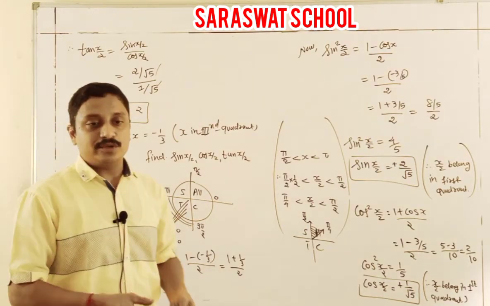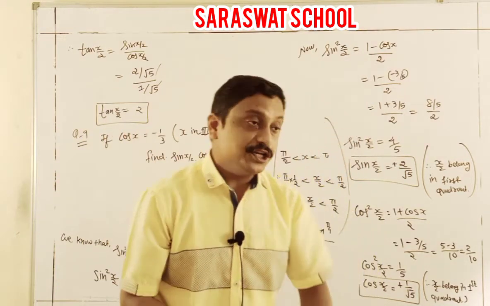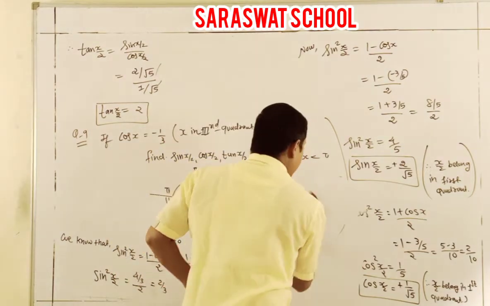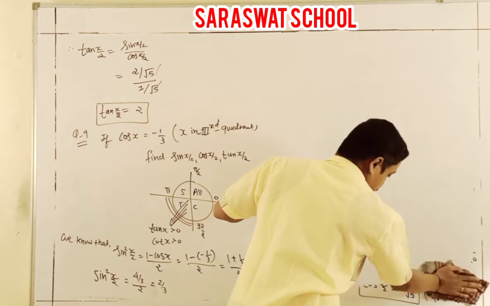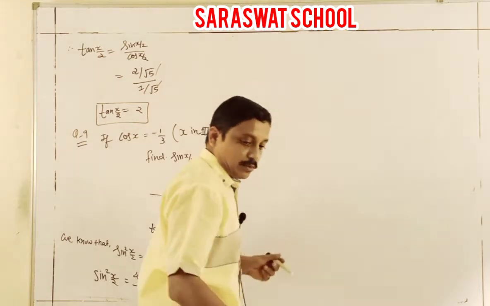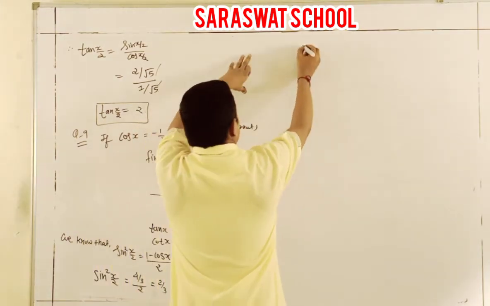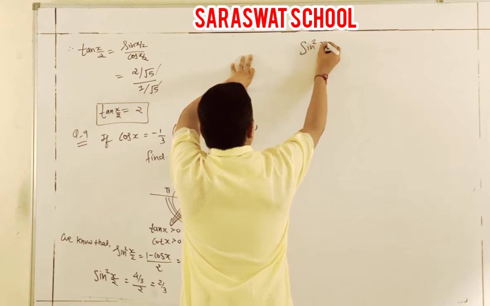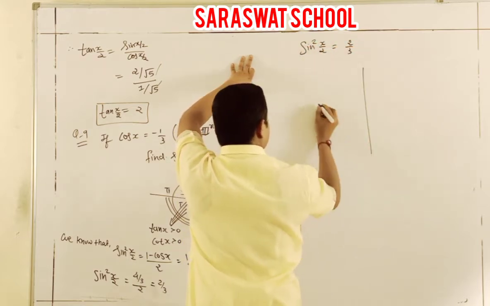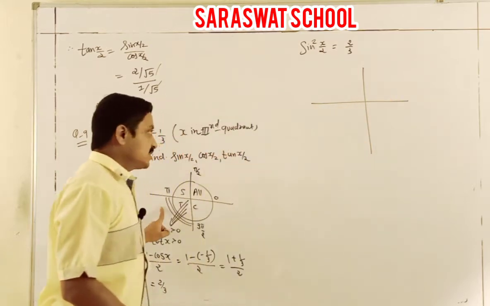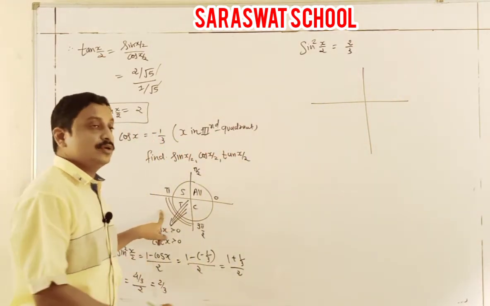Now here also, students, I check our condition level. Must be checking, because condition wise I declare my answers. So one more time I write down sin square x by 2, you get just 2 by 3. Students, here it is the x angle, but now where is x?